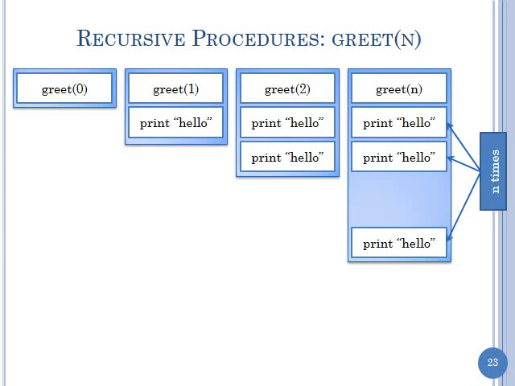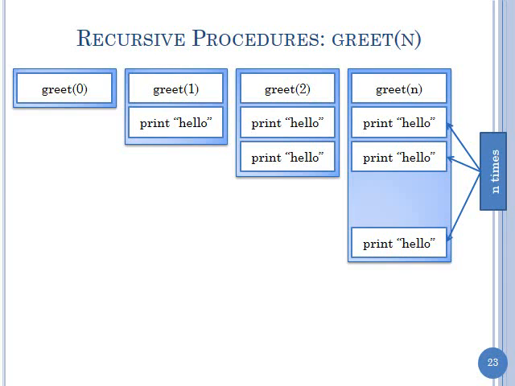Do you guys see how you could do this iteratively? You could write a little loop that goes for i equals 1 to n, greet. But can we do this recursively somehow? So no functions. The greet function will be: print hello and then greet n minus 1.